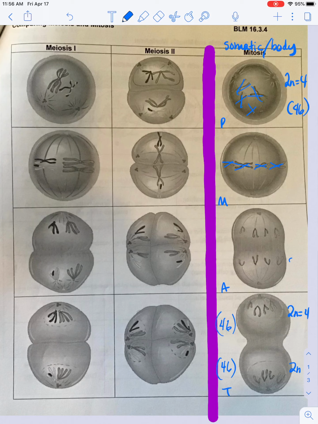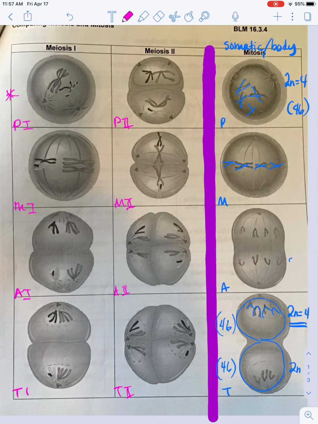To review meiosis, though, on the other side, you guys can label those in, but this is prophase 1, metaphase 1, anaphase 1, and telophase 1. On the other side would be prophase 2, metaphase 2, anaphase 2, and telophase 2.